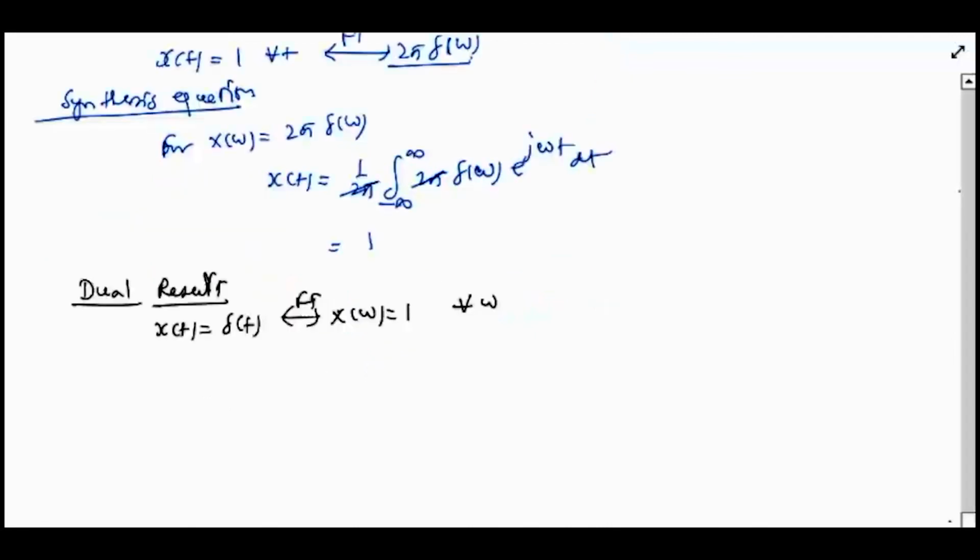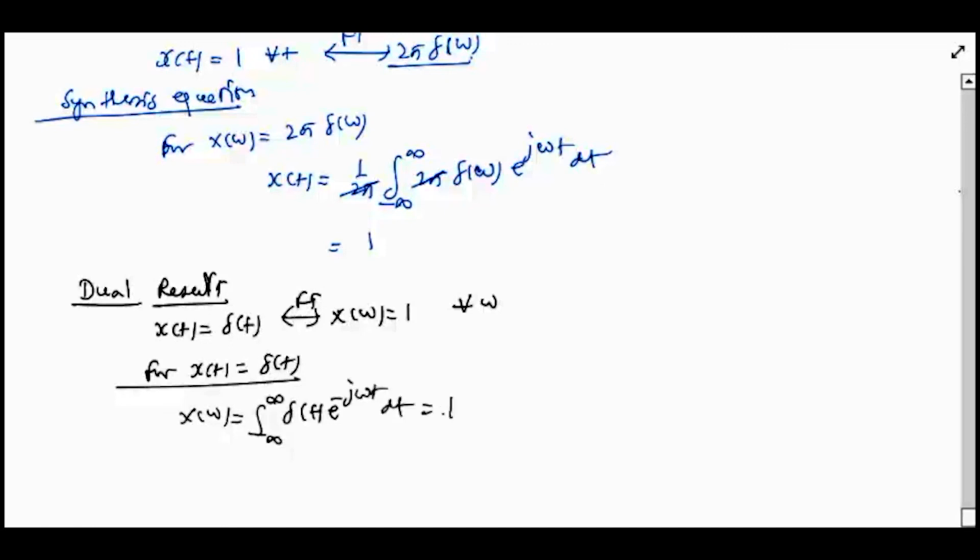Again, this can be justified with the analysis equation, which says that for x(t) equals delta(t), X(omega) will be the integral from minus infinity to infinity of delta(t) e^(-j omega t) dt, which is 1.